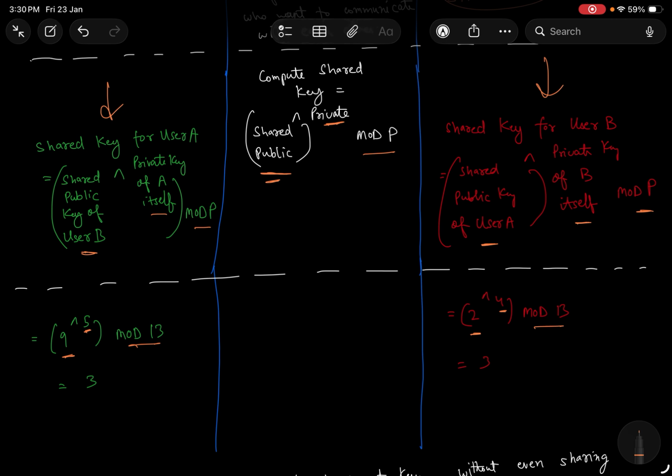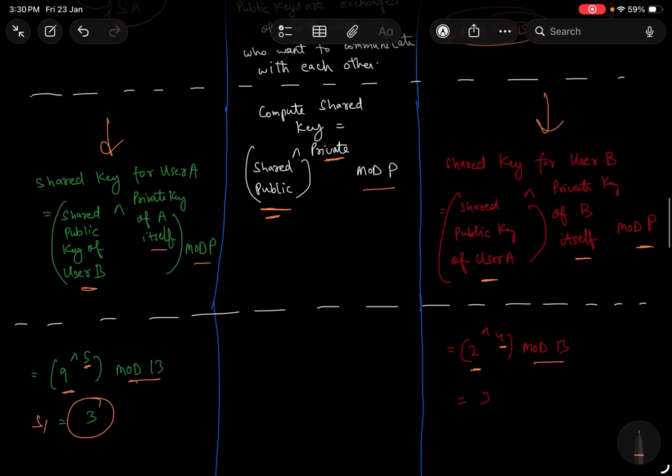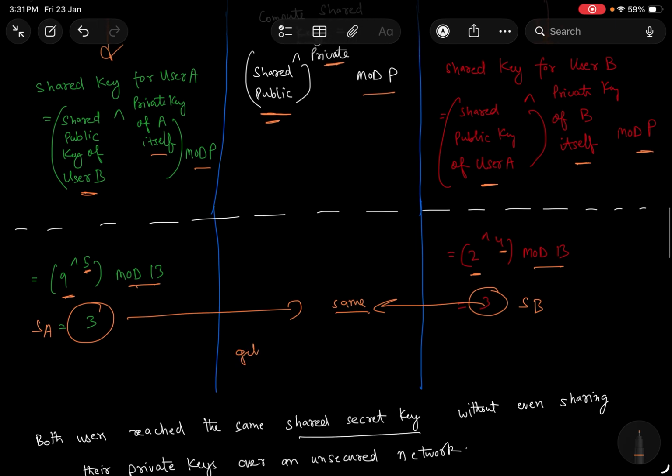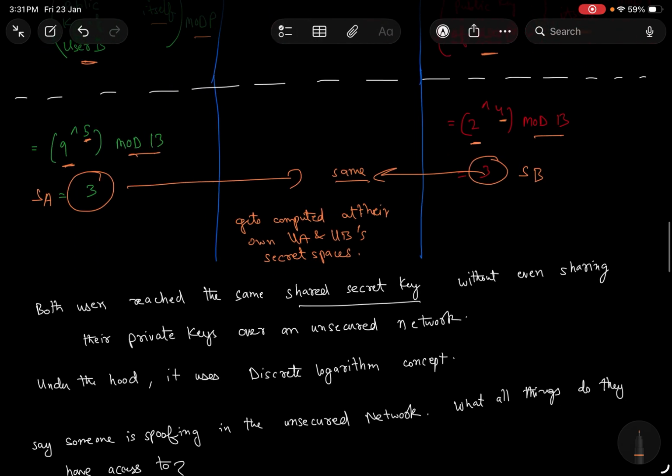So if you compute this, you will reach this. Let's say we have S of A, and this comes out to be S of B, and you can see both are the same, and these get computed at their own ends, at user A and user B's secret spaces or private spaces, without ever exposing even these shared secret keys as well.